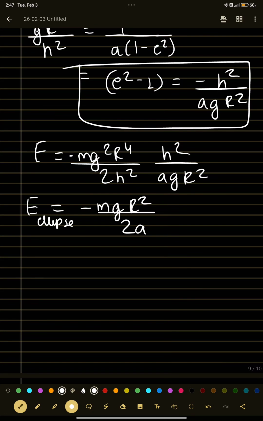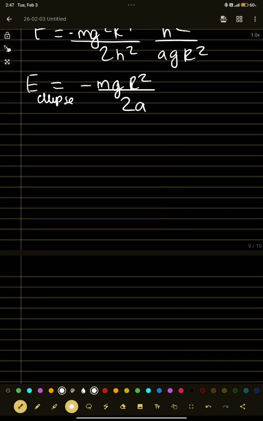Okay, conservation of energy. So at any point your speed of the space vehicle is half mv square minus mg r square by r equal to this E ellipse. This you can apply for any point, right? For any point on the ellipse. इसमें r dot क्या होगा?